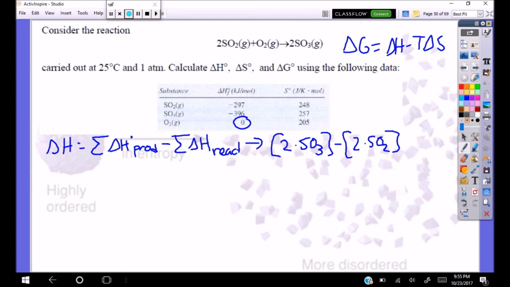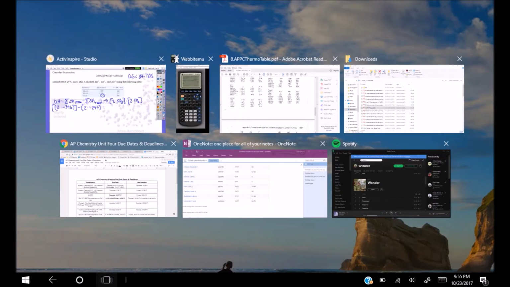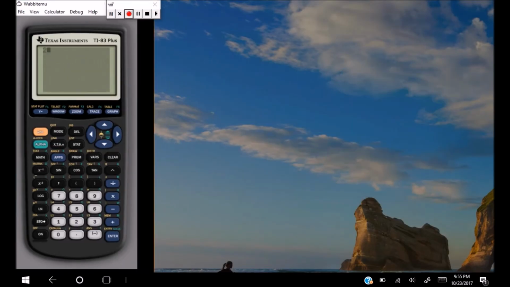All right. So 2 times negative 396, and we're going to subtract 2 times negative 297.